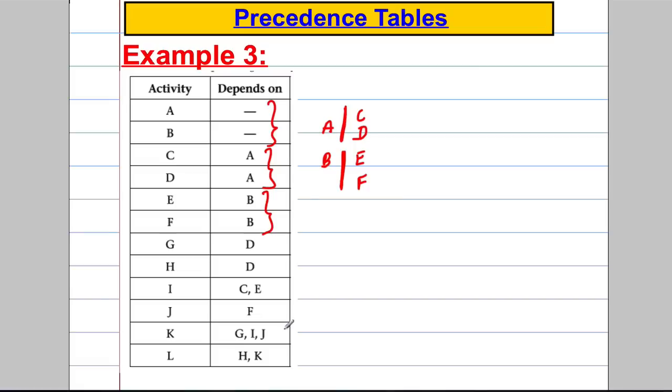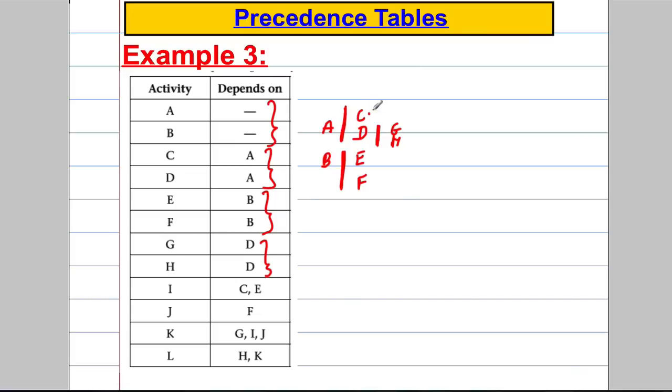So that bit's completed. Now G and H depend on D. So after D's happened here, you can do G and H, right? So this is done. And I can happen after C and E. So after C and E have both happened, this is where it gets confusing.